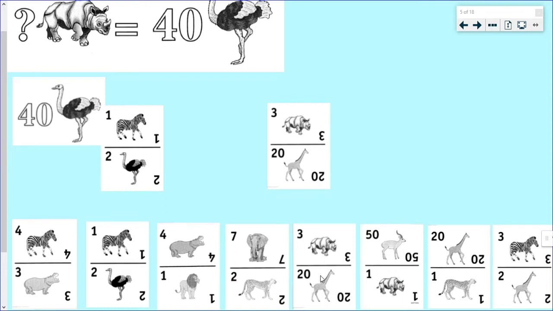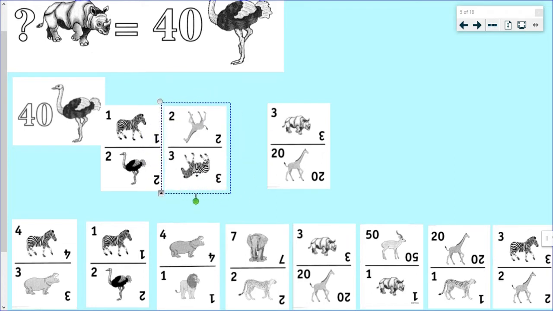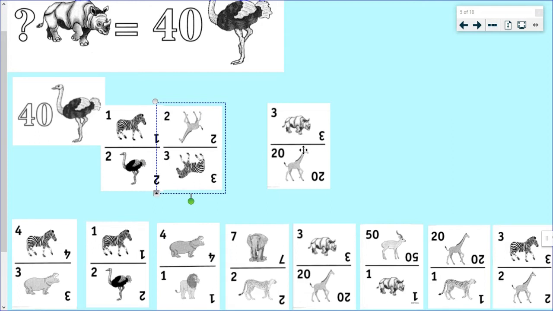So let's see here. I've got the giraffe. If I take the giraffe, do I have a zebra and giraffe? Yes, I do. Okay, so I can take this card. Right now, the way it's sitting, I would end up with zebras squared. I don't want zebras squared. I want to get rid of zebras. So if I flip the card around, I'm able to get rid of him.